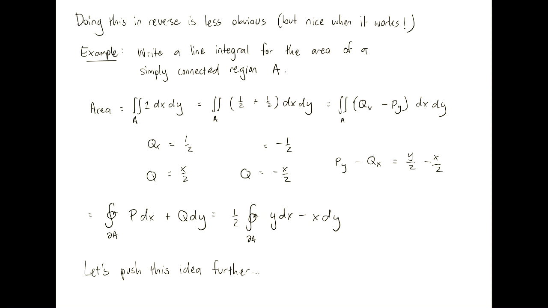And py has to be minus a half, so p has to be minus y over 2. So qx minus py equals x over 2 minus y over 2. If this doesn't work, I can clean this up later.